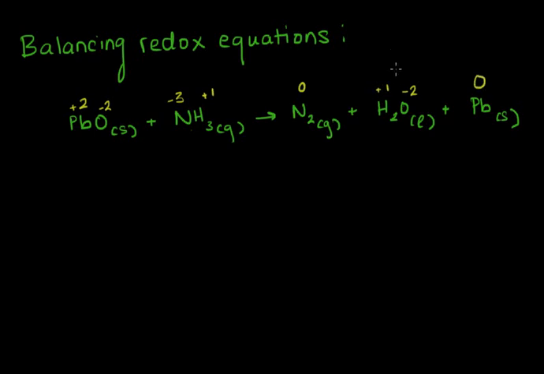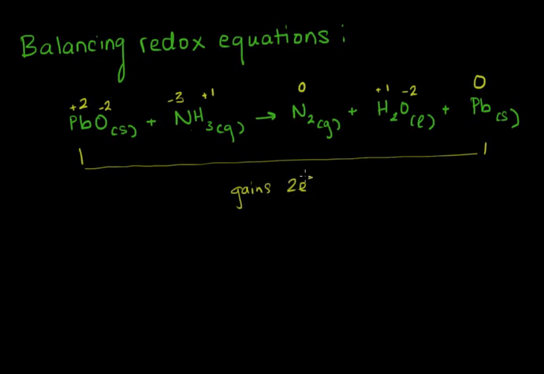The next thing we do is we look for changes in oxidation number. We look for changes in the number of electrons to see where electrons are lost and gained. The first thing I notice, starting from the left, lead begins life as +2, ends as a product as 0. So we see that here lead gains 2 electrons.